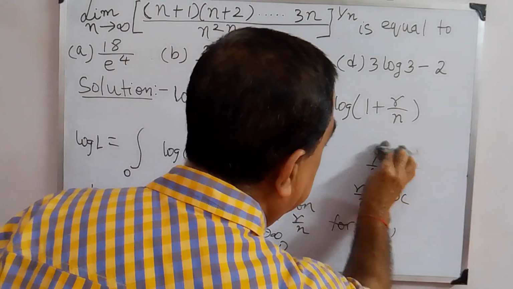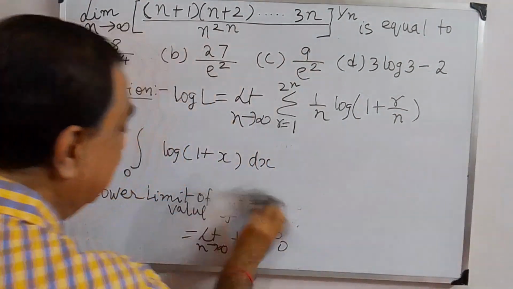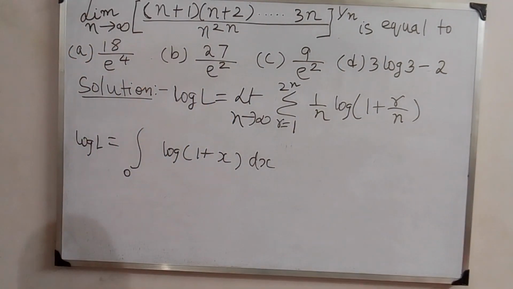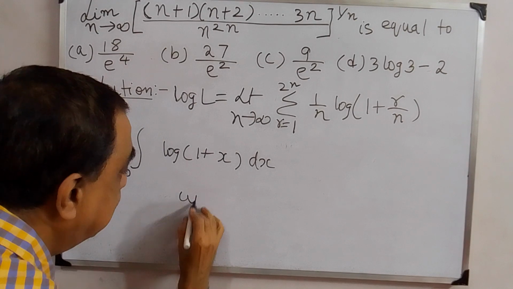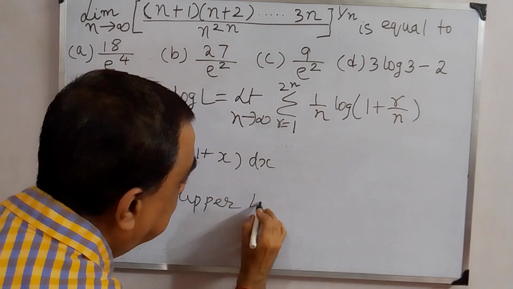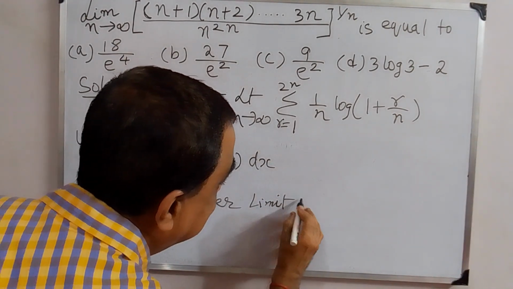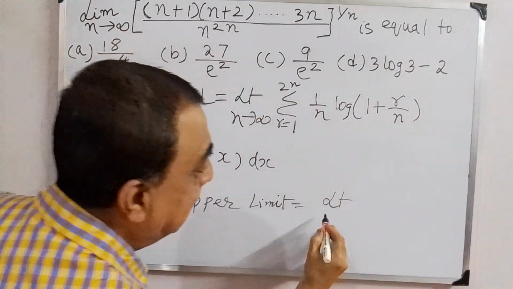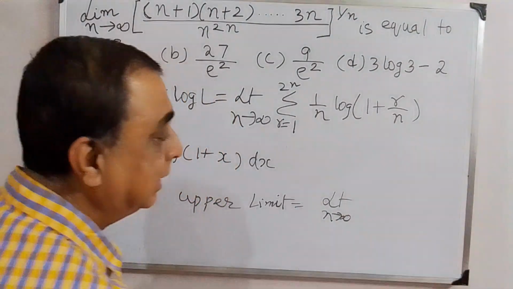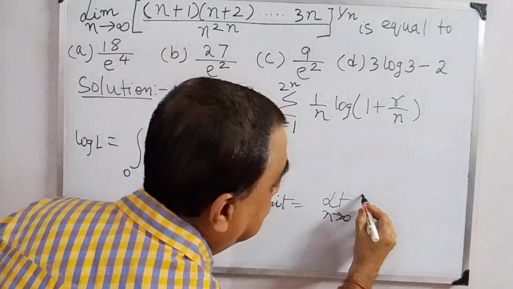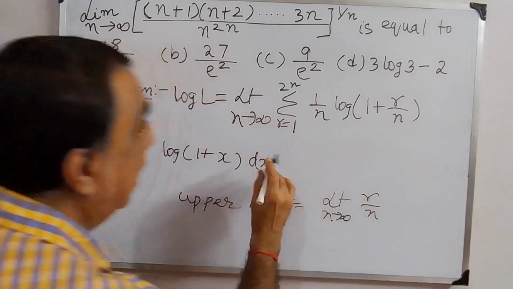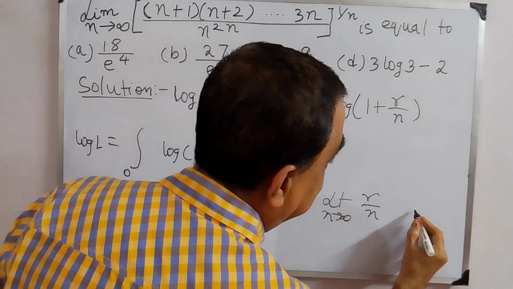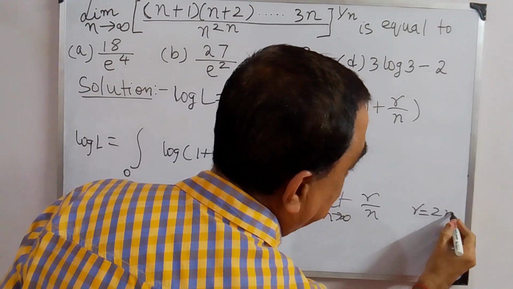And what will be the upper limit of this definite integration? The upper limit of integration is the value of the limit as n tends to infinity of r by n when r is the last term. The last term of r is 2n.